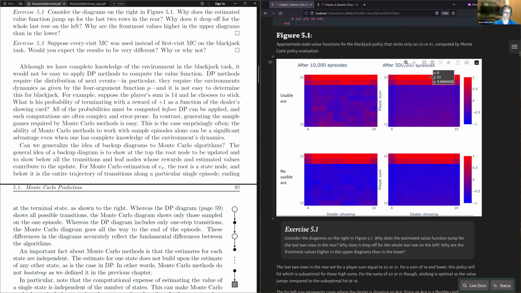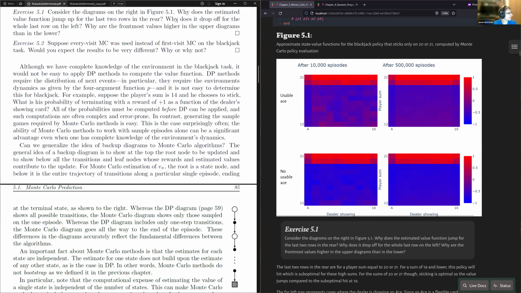But it is helpful to know that sticking at 21 will be a win. It actually will not be a win 100% of the time because there is the possibility of losing to the dealer if the dealer has a natural and you don't, or having a draw with the dealer if both of you have a natural. Depending on how you implement it, you could wind up with slightly different probabilities here.